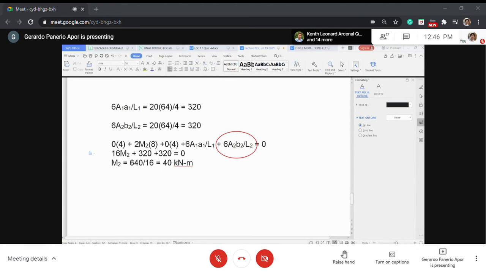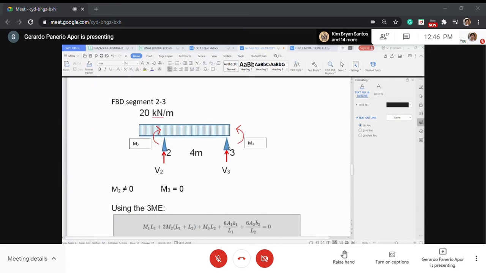So this becomes minus 640 and this is negative 40 here, for this particular sign convention.